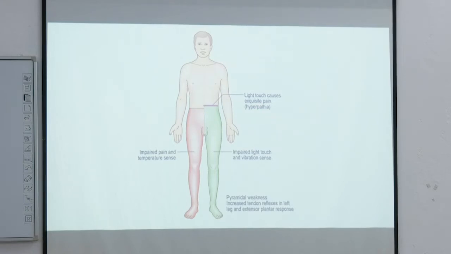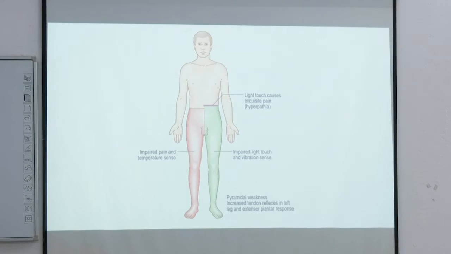Okay, so the dorsal column fibers, say for example, start from the toe, and even when entering the spinal cord, they are still on the same side, ascending, and they will cross here at the medulla. So dorsal column sensation will be lost on the same side. But what is happening in case of the STT, the spinothalamic tract?